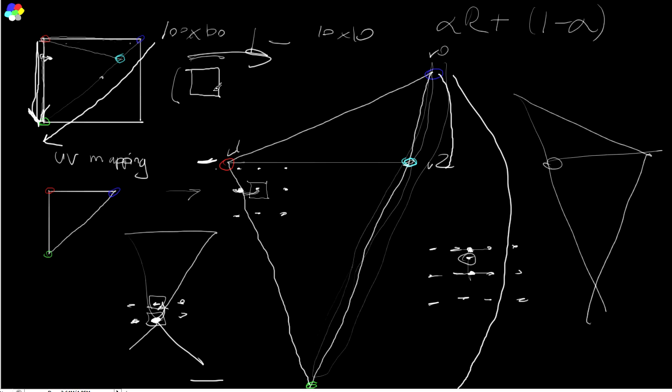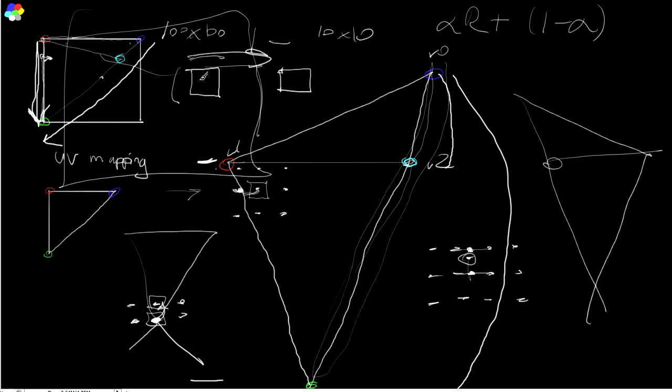You would add them all together and then divide by 100 to get your resulting pixel in your resized image, right? So if you had a really big image like this, you would add this block together, divide by 100 to get this pixel in the image. You do that for each one here. And by averaging all the pixels before you do your transformation, you get a much better looking image.